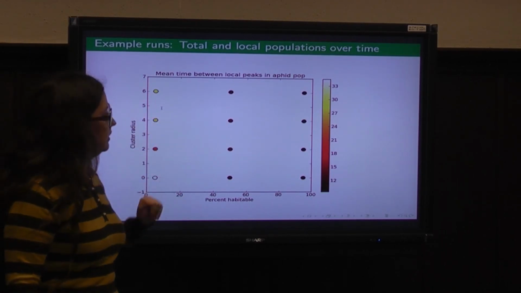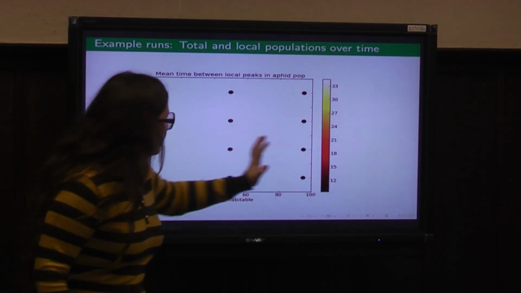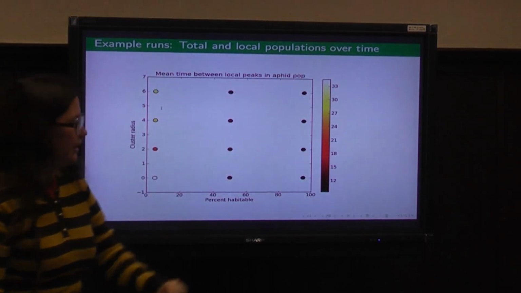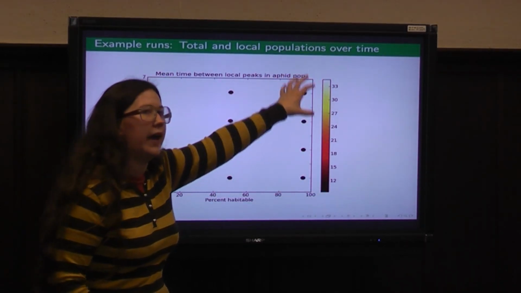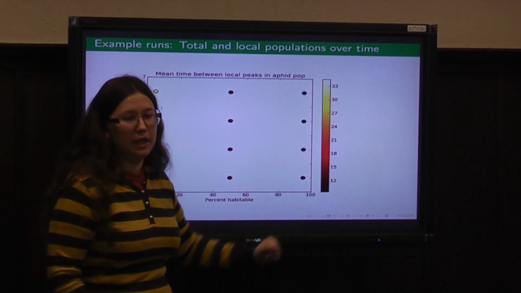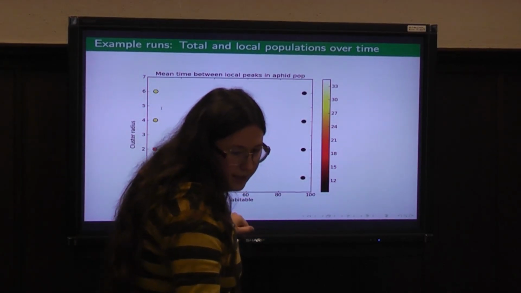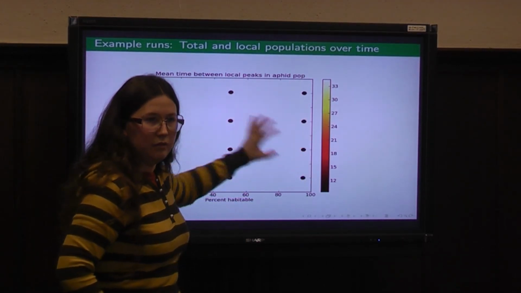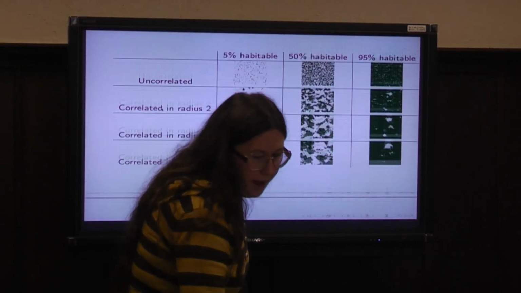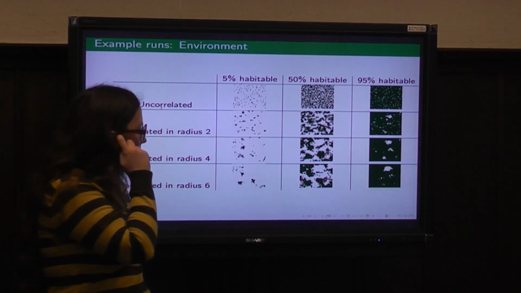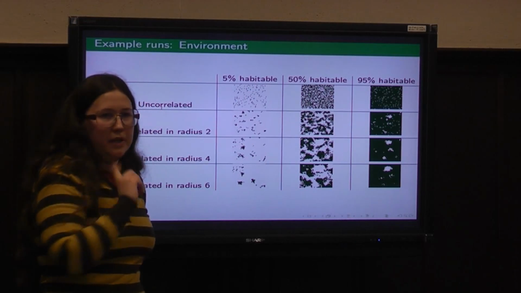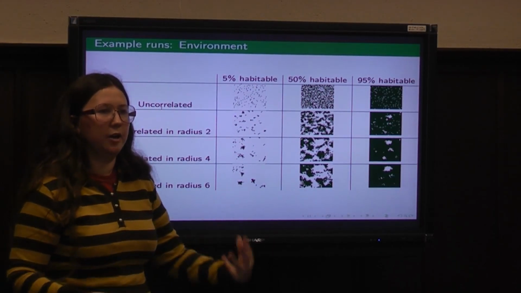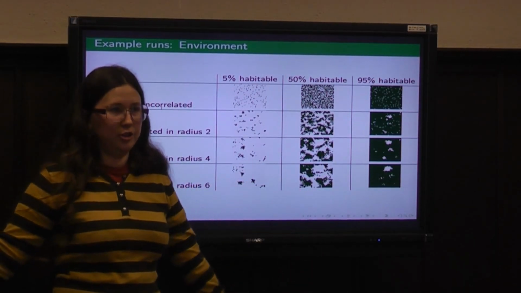But there does definitely seem to be something pretty interesting going on, especially in that we seem to have much faster peak-to-peak times in the 95% good habitat versus the other ones. One possible reason is that these peak-to-peak times might say something about the characteristic distance between patches.